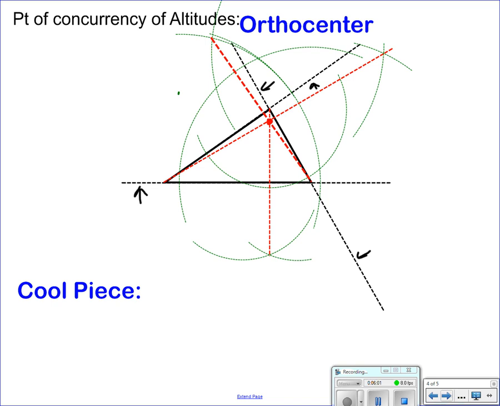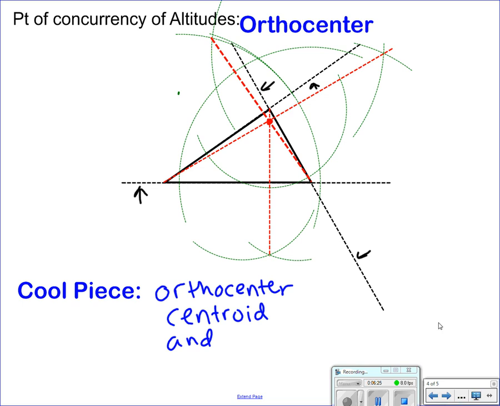And the cool piece about this is that the orthocenter, the centroid, and the circumcenter of a triangle are all collinear.